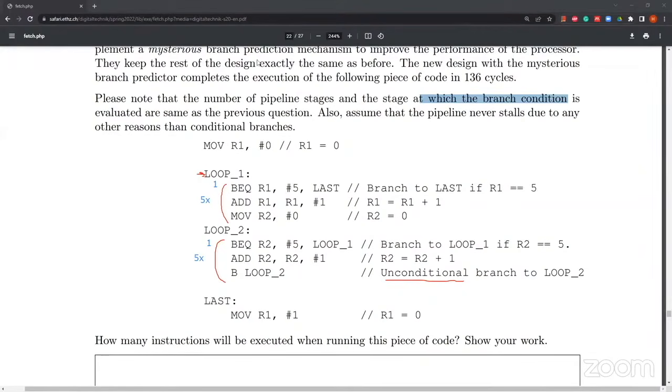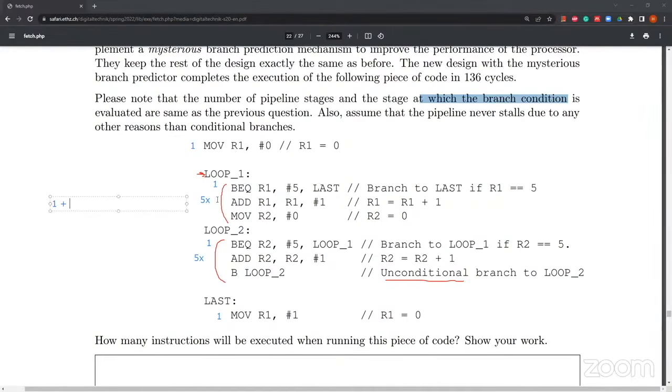Okay, so let me complete here the execution counts of each of these static instructions. So basically, this is what the program does. And then if you calculate the total number of instructions executed here, it will be 1. 1 is this first instruction here, moving 0 to R1.